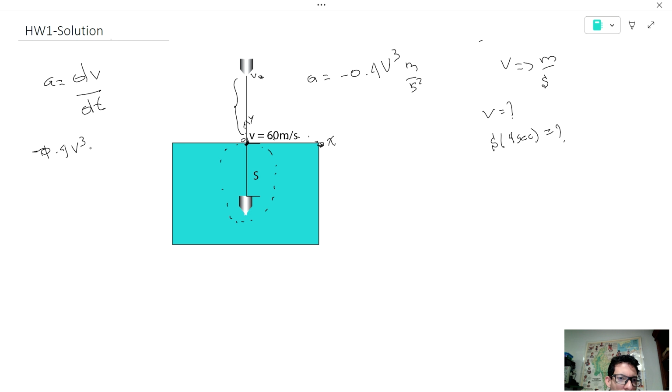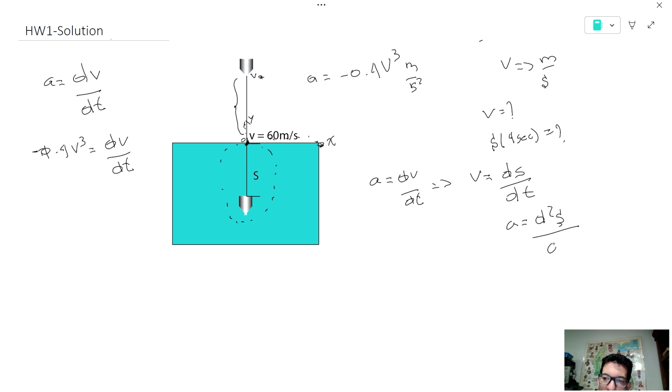Again, we know that acceleration is the change of velocity with time, but we also know that velocity is equal to the change of distance with time, or acceleration is equal to the second derivative of your distance with respect to time. So it really depends where your starting point is or what you need to solve for. You can start from the distance or you can start from the velocity, but at the end, this is the way you combine these things, okay?